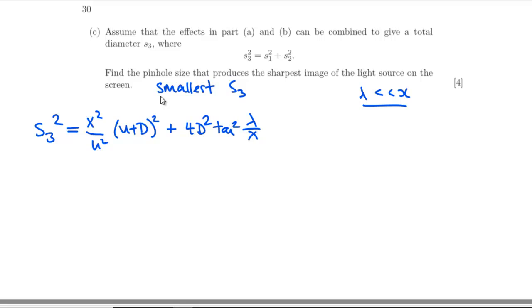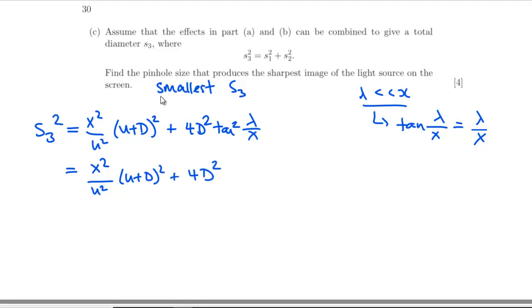Let's see what happens. So if we go with that, we can say that tan of lambda over x is equal to lambda over x. That's what we're going to have on all of this. So that means we're going to get x squared over u squared times (u plus d) squared plus 4d squared lambda squared over x squared. So let's differentiate all of this.